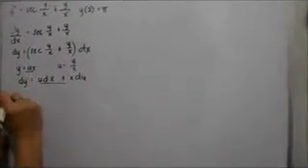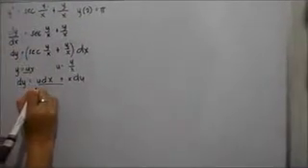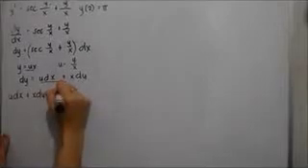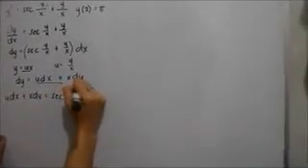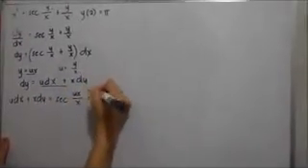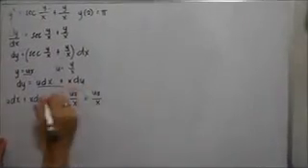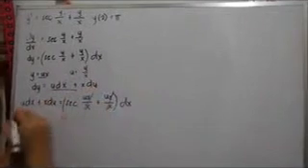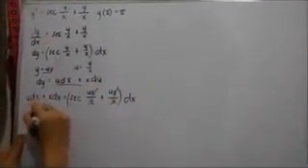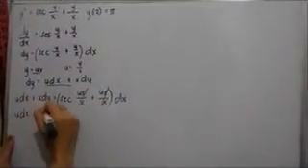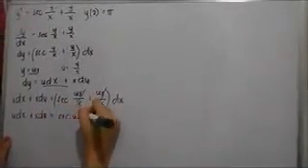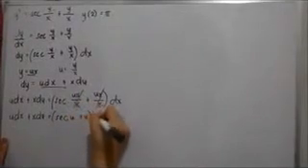So, since dy is equal to u dx plus x du, u dx plus x du is equal to secant of ux over x plus ux over x times dx. Eliminate x, so u dx plus x du is equal to secant u plus u dx.